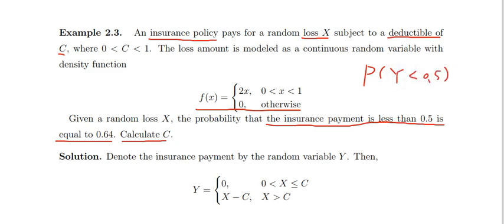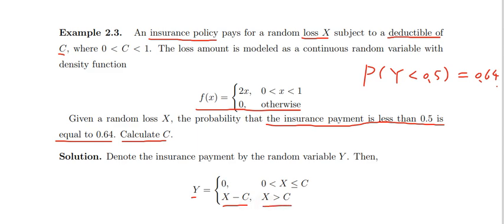We prefer that if we have a deductible, this probability becomes smaller, right? So if we know the probability, we want to find this deductible. So at first we need to find the y. So what's the y? Y equals x minus c, right?